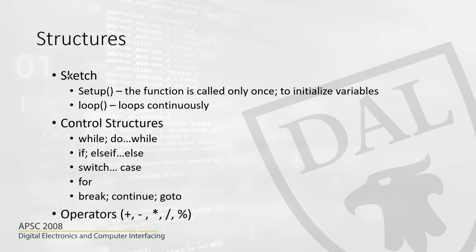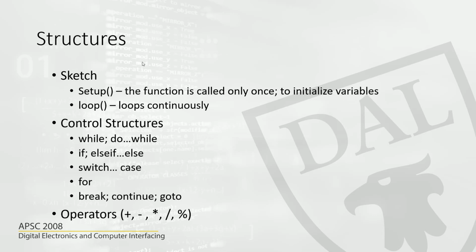And we have another function called loop, which loops continuously. If you have enough power, it is going to run for years, no problem. Those are the two sketch functions, or sketch structures, they call in Arduino C.